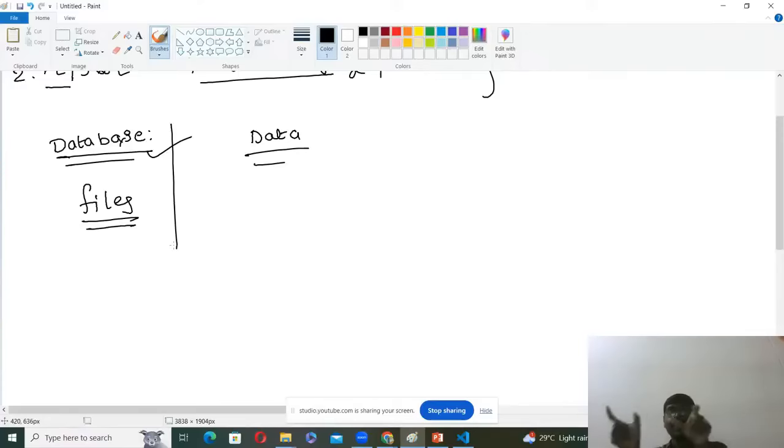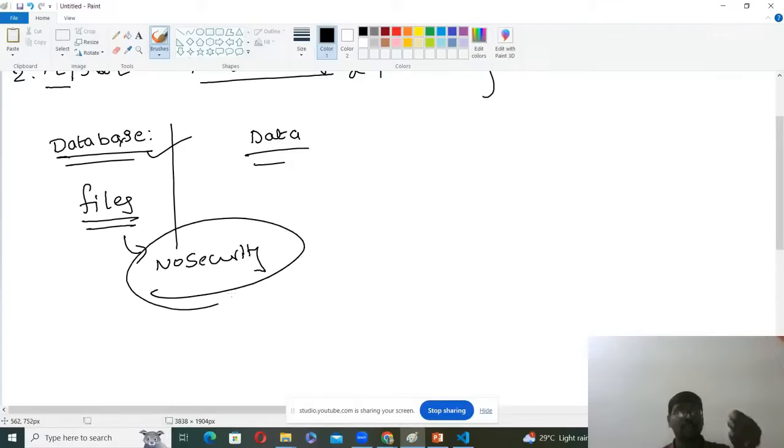Different persons in the same bank maintain different files. The same information is repeated multiple number of times, and the most important thing is that there is no security. Though data is permanent information, the main problem of storing the information in files is no security.